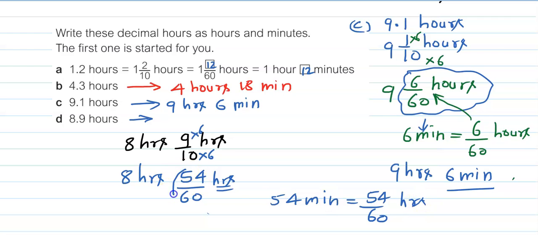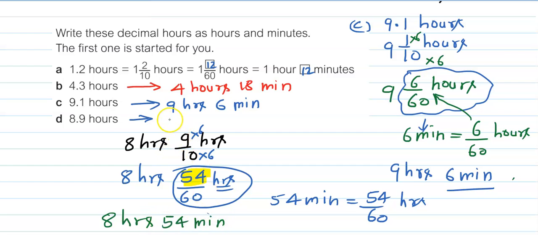You just focus on the numerator, so this will be 54 minutes. So we can write 8 hours 54 minutes. Is that okay? Let's do some practice questions.